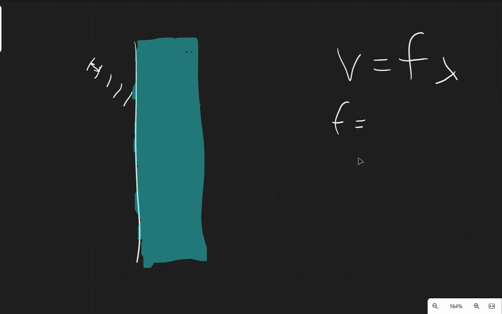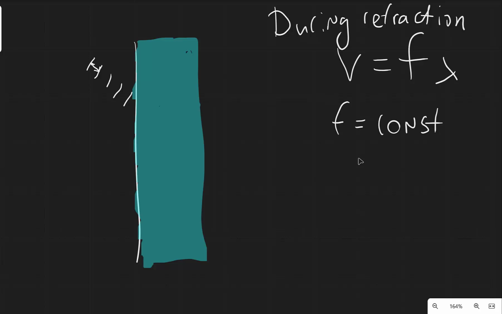The way we write this is f equals constant, and this is during refraction. You may also hear this being called transmission, but refraction and transmission are kind of the same thing. So the frequency is equal to a constant, and what actually happens to the wave if we're going to a substance with a higher refractive index?